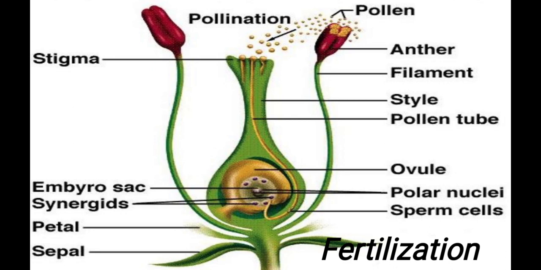When the pollen tube penetrates into the embryo sac to form the zygote, the other male nucleus fuses with the two polar nuclei to form endosperm. The zygote will divide and develop into an embryo, which will give rise to plumule and radicle of the seed. The endosperm will act as a nutritive tissue for the growth of the embryo.